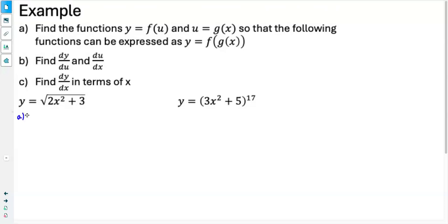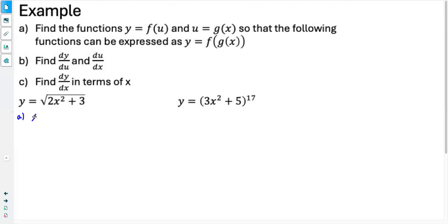So first part is find the functions y equals f of u and u equals g of x. In this case, our outer function would be the square root.